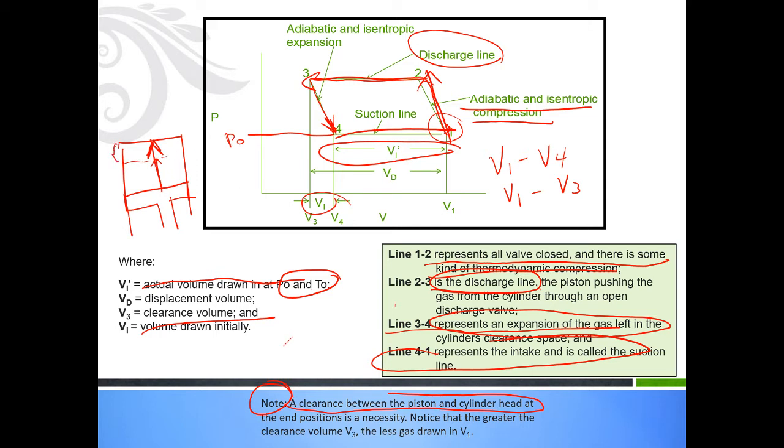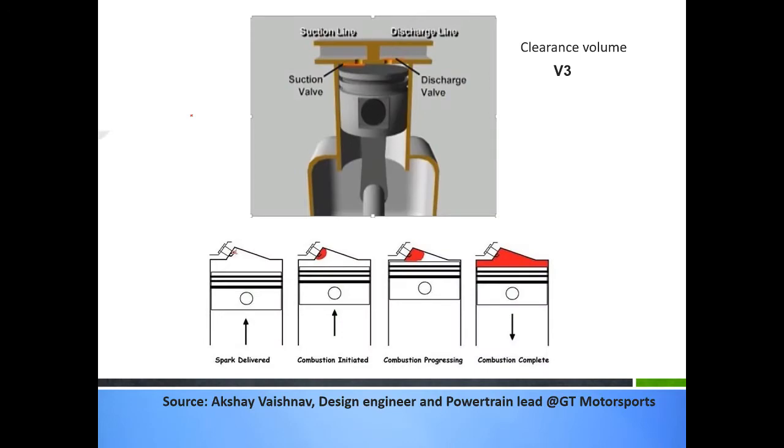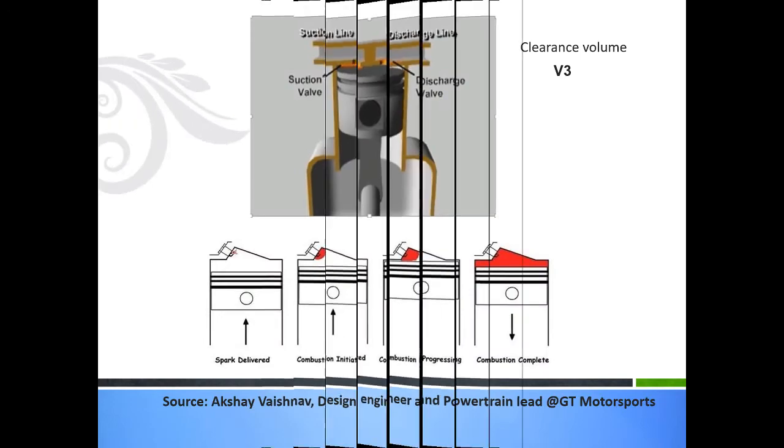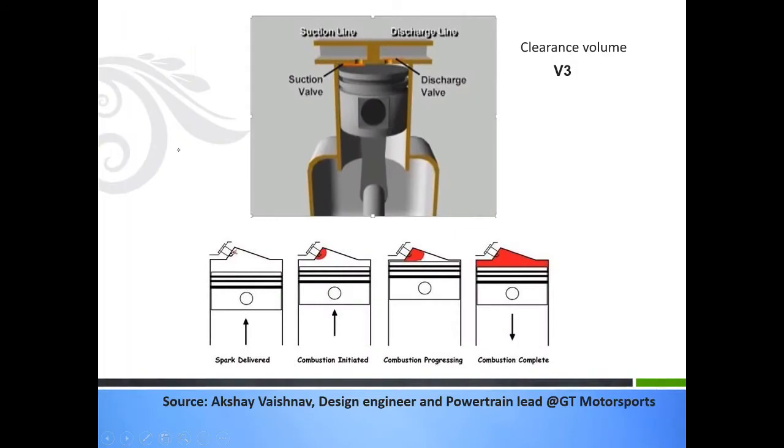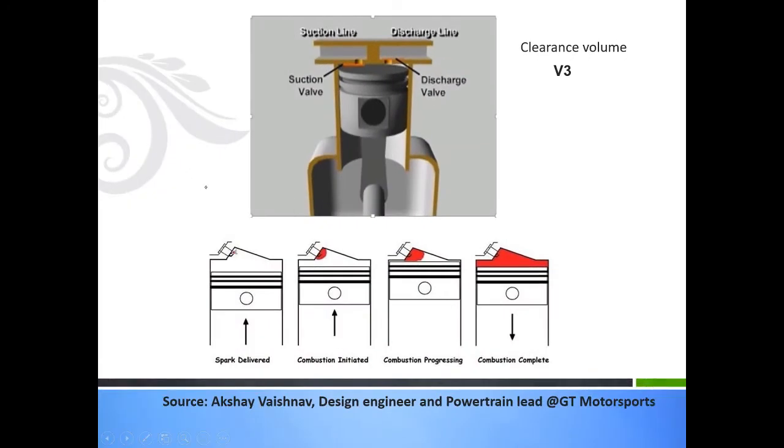Hindi siya sasagad sa dulo. Ano yung reason ba't hindi pwede sumagad yung piston sa dulo ng cylinder? Kasi, may possibility na pag sumagad siya, masisira niya yung cylinder. Kaya may clearance volume lagi. Okay?